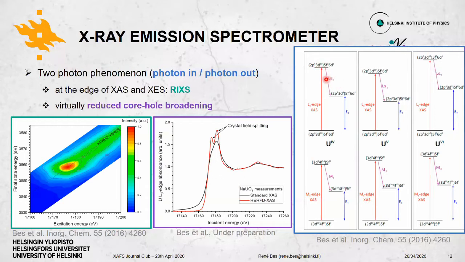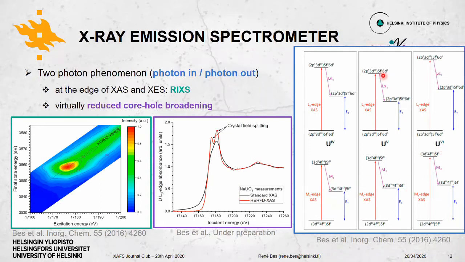Then we are collecting the emission line, which is emitted when the excited state is reaching less excited states. There can be many states, and these states are related to the transferred energy here. You have all of these depending on the oxidation states of uranium, for L3 and M edges.